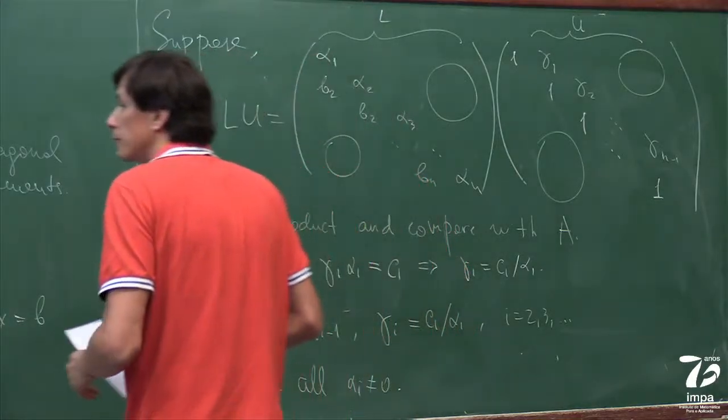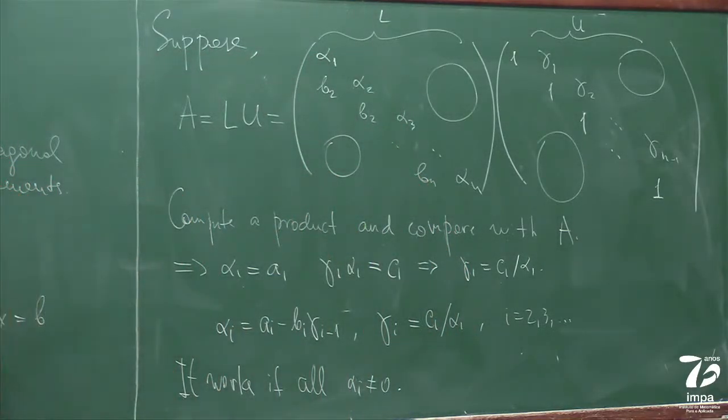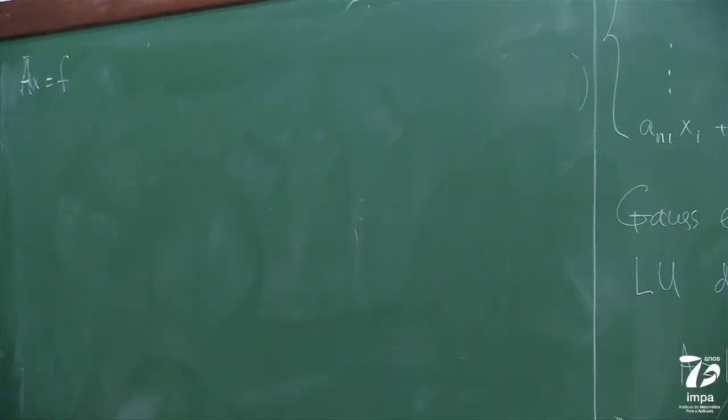We solve it through a system of 2 equations. So exactly this system. AX equal F, we write F for the right-hand side, because B we already used.